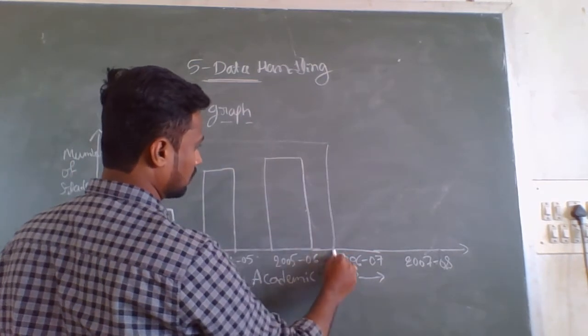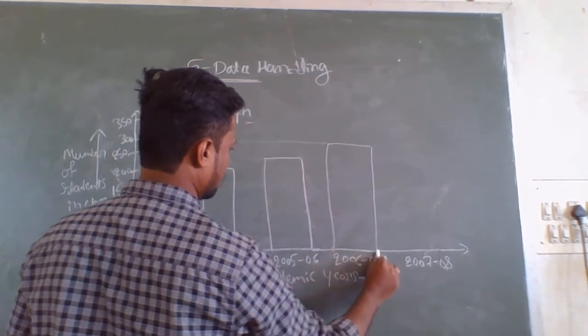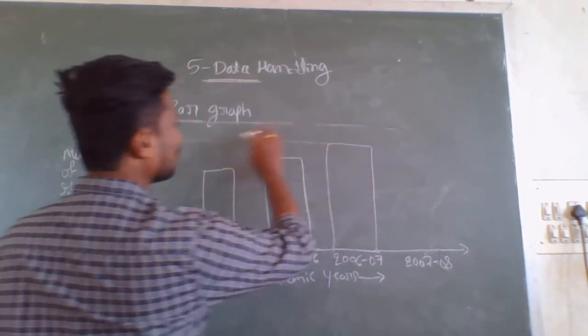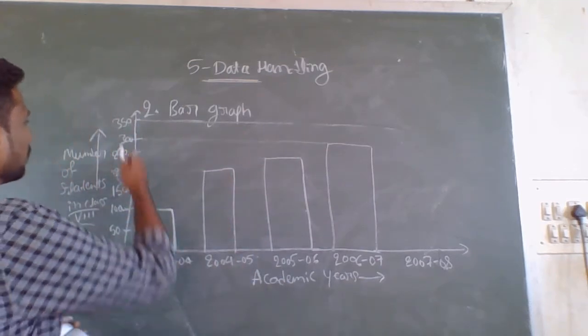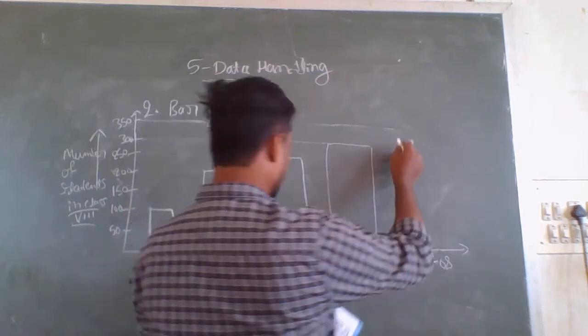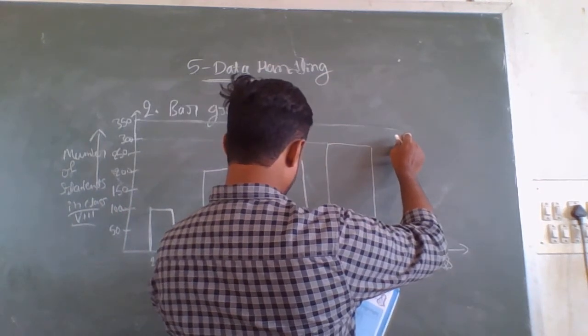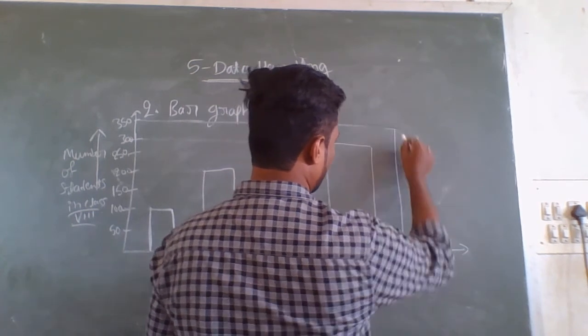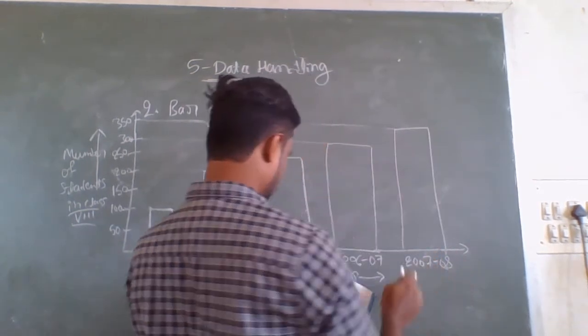There are 300 students in class 8. We will represent this in graph according to the values. In 2007 and 2008, 350 students are there.